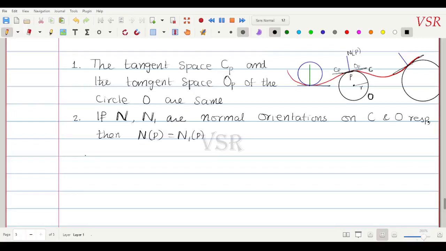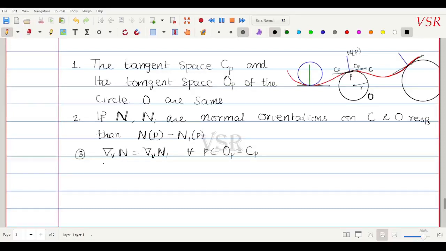And number 3, I'll write it straight away: del v of N is equal to del v of N1, for every p belonging to O suffix p which is equal to C suffix p. What does this mean? It is the rate of change of the normal field.